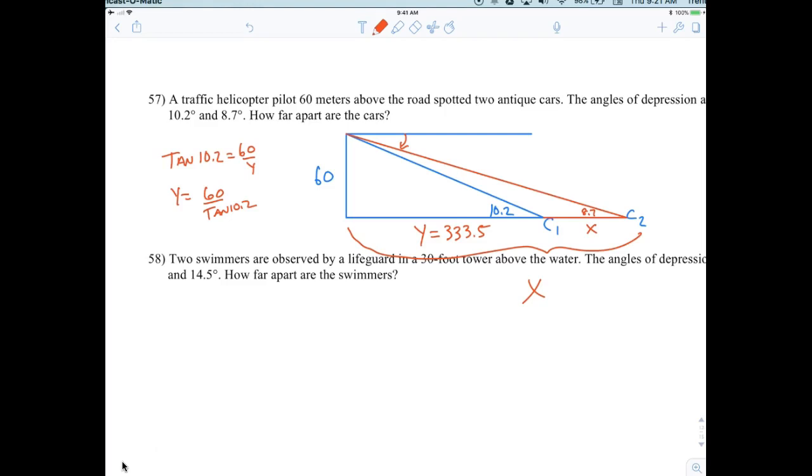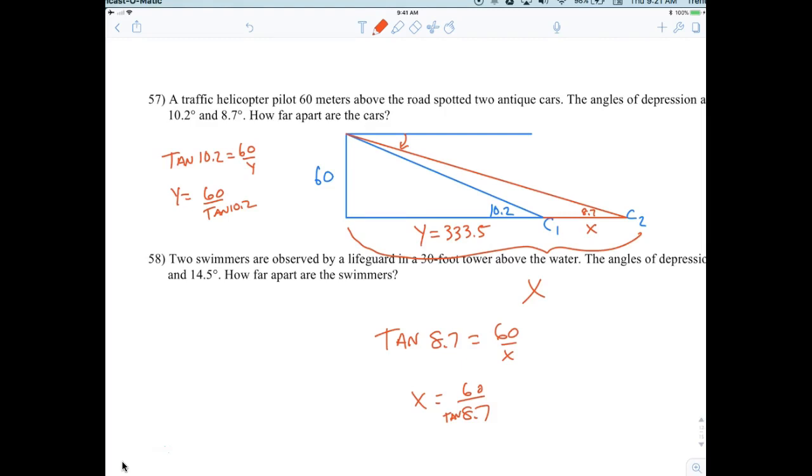Do you understand me? So now we would say tangent of 8.7 is equal to 60 over x. You with me? So x is equal to 60 divided by the tangent of 8.7. So tell me what that is.